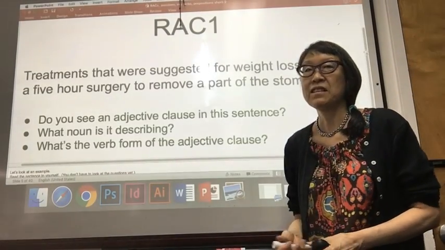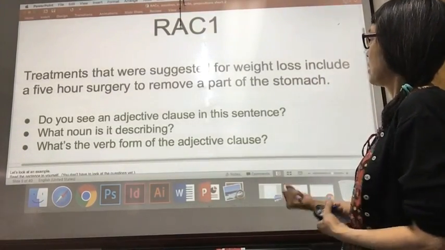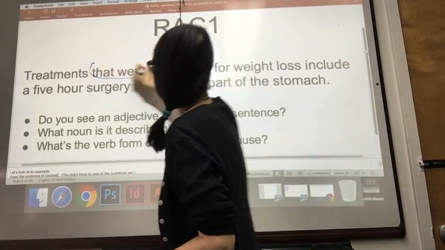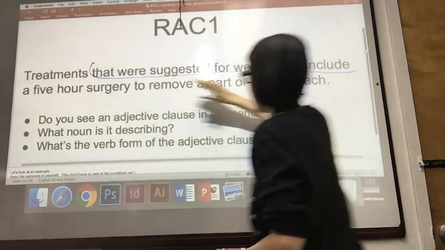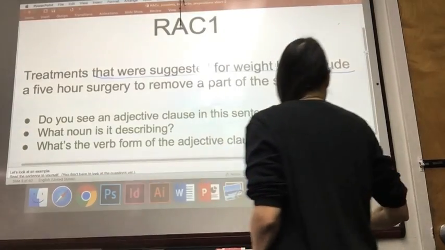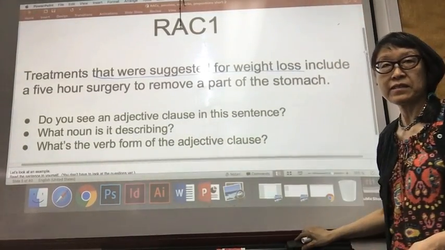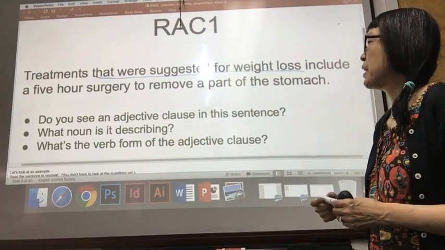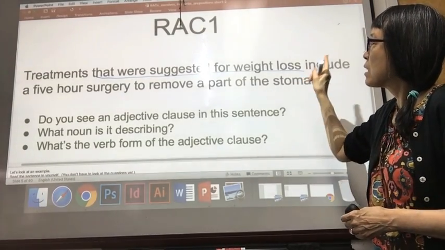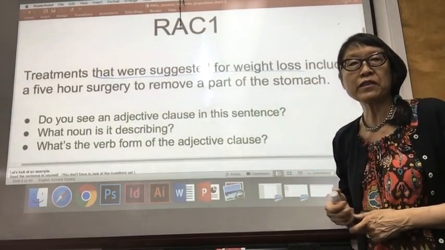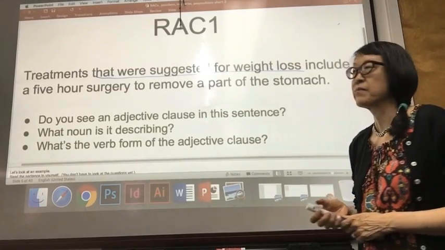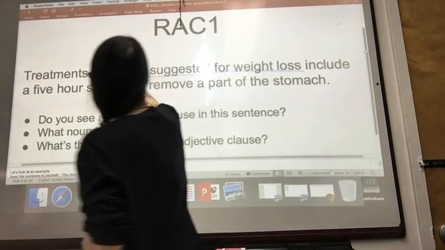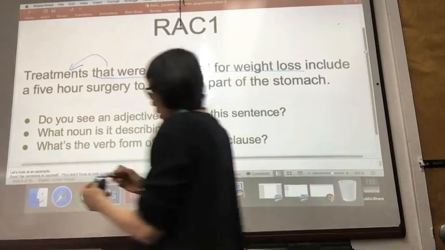That were suggested for weight loss. Okay, that were suggested for weight loss. Is that it? Does everyone agree? Okay. What is this adjective clause describing? Treatments.